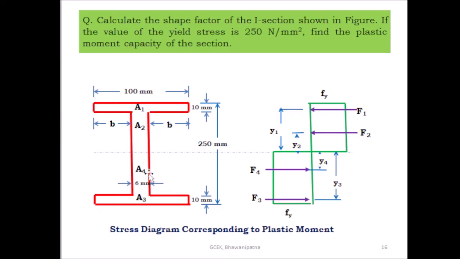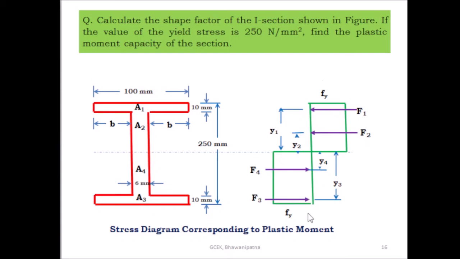This is 6 mm, and the depth of the web is 250 minus 10 minus 10. The depth of the web is 230 mm. From this to this is 230 mm. So these are the data given.